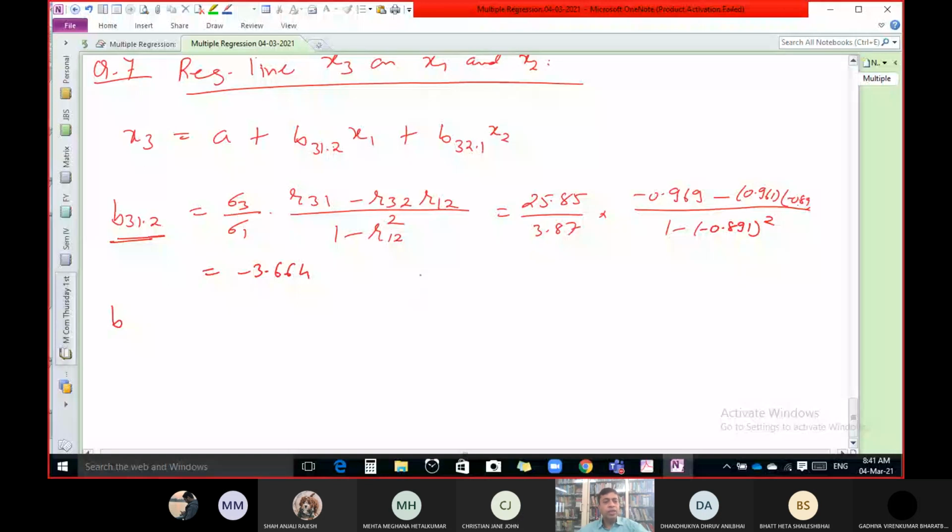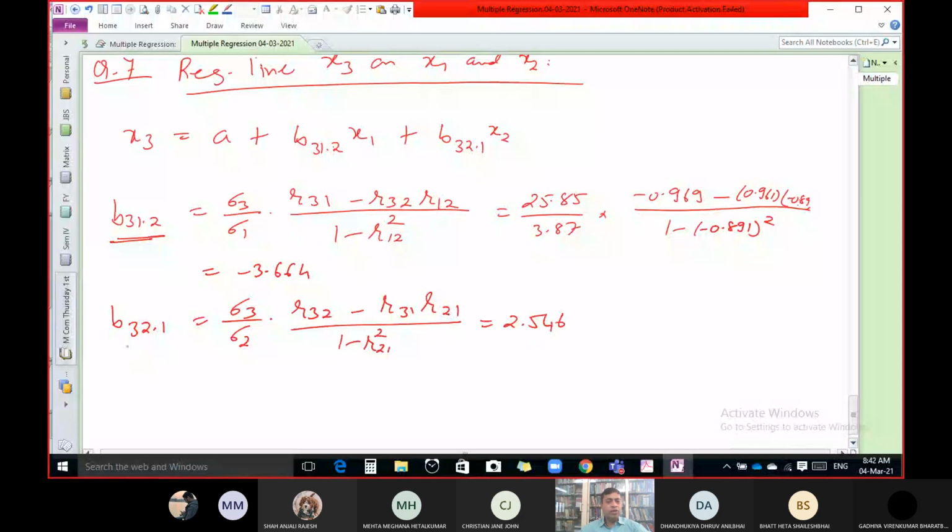How to calculate B32.1? It is sigma 3 upon sigma 2 into R32 minus R31 R21, upon 1 minus R21 square. And if you calculate, you will get this answer, 2.546.